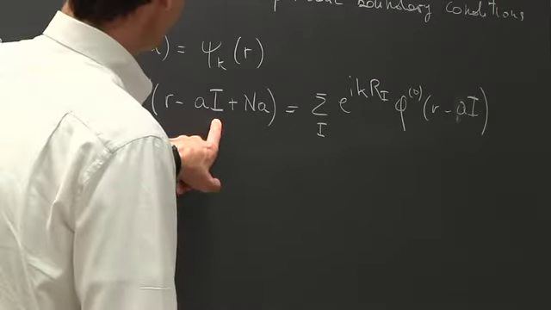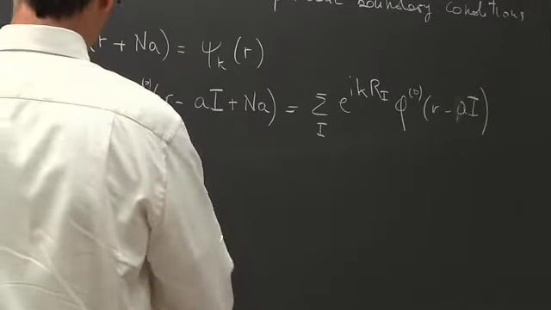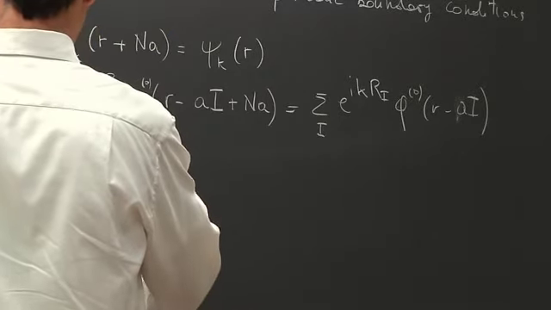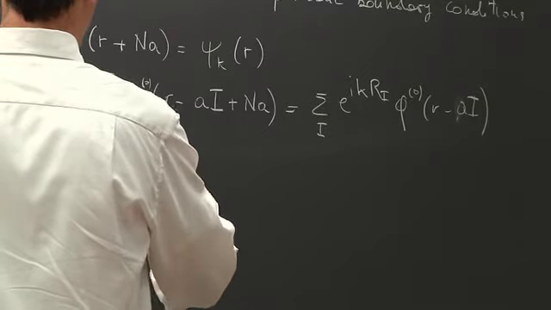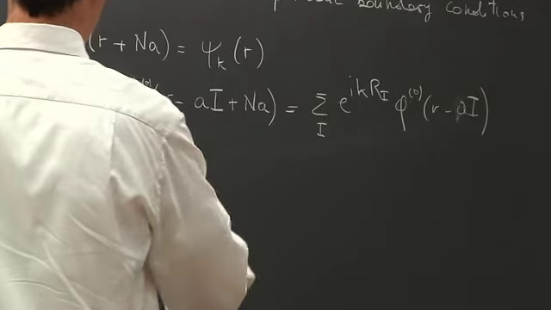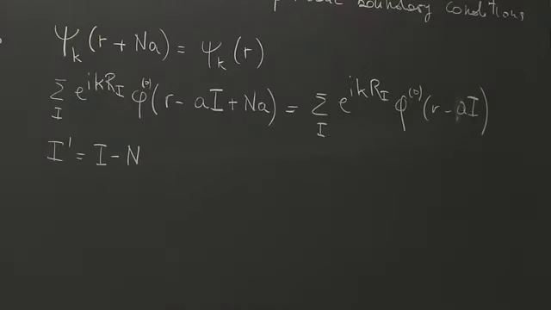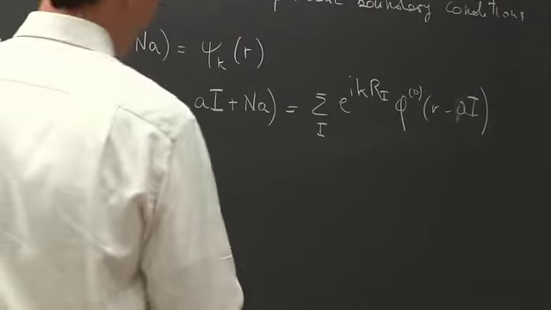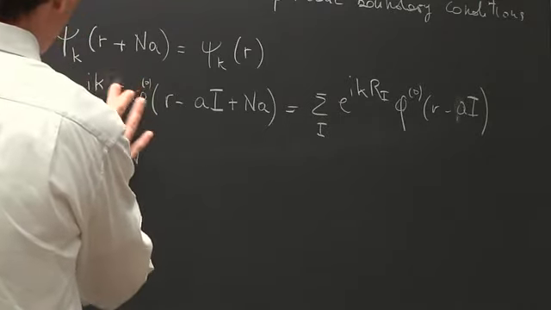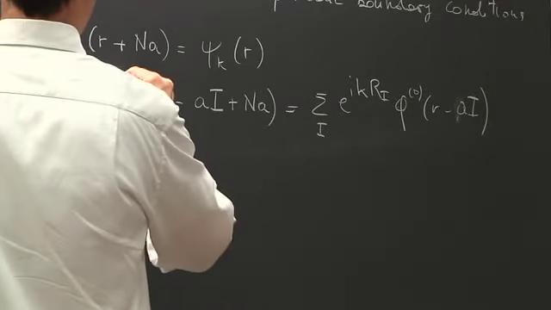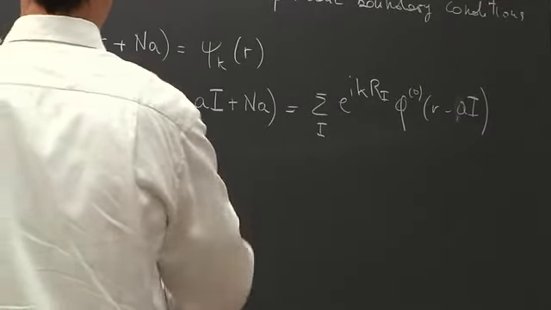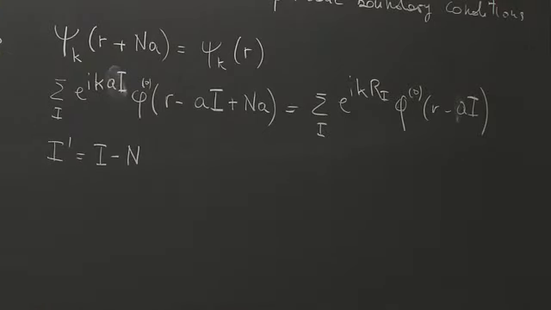Now let me define i prime as i minus n. Sorry, I should have also written this one as a_i. Let me define i prime equals i minus n.